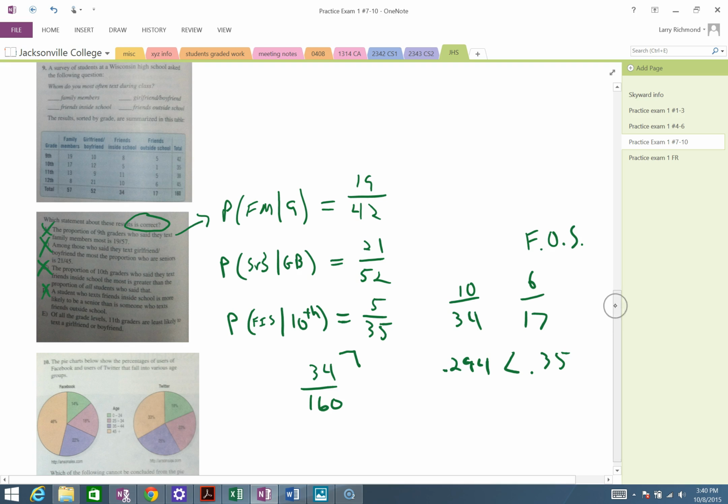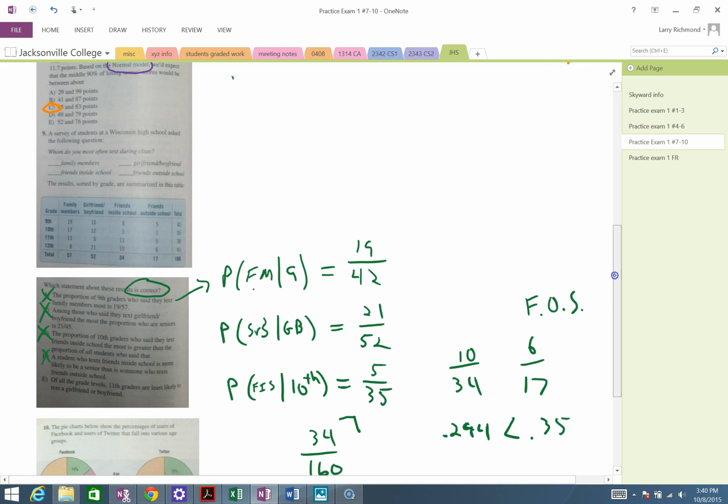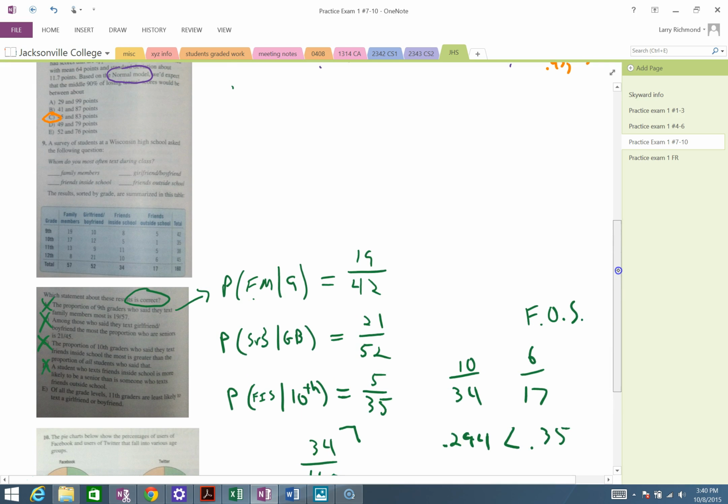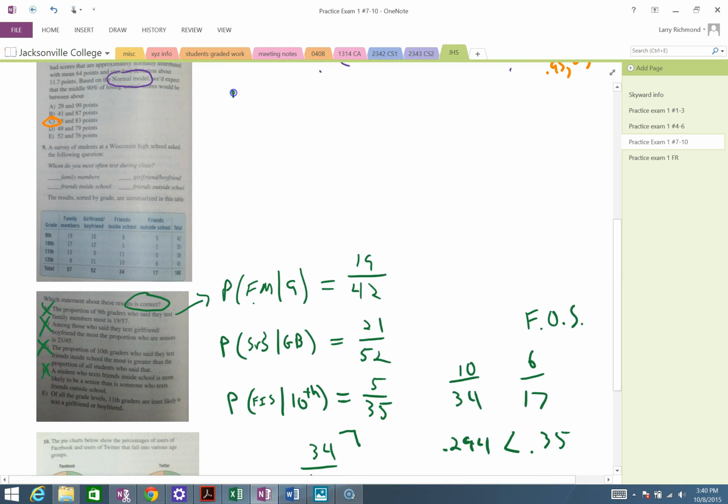So it's necessary for us to look at four probabilities here. We want to look at the probability, and each time it's your grade level, and we're talking about texting girlfriend or boyfriend.